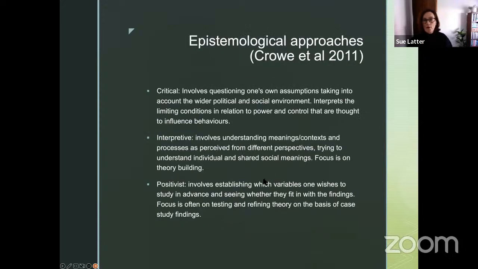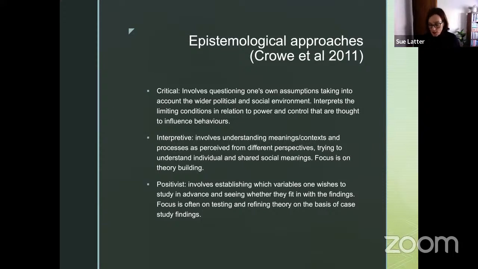I'm just going to elaborate on that just a little bit. So, taking a critical approach to case study research, where you're very much questioning your own assumptions, but you're taking into consideration, I think this is really important in lots of healthcare research questions, the wider political and social environment.